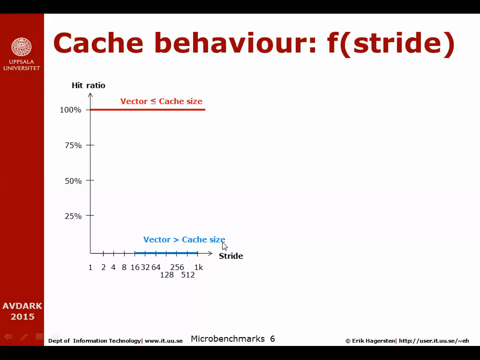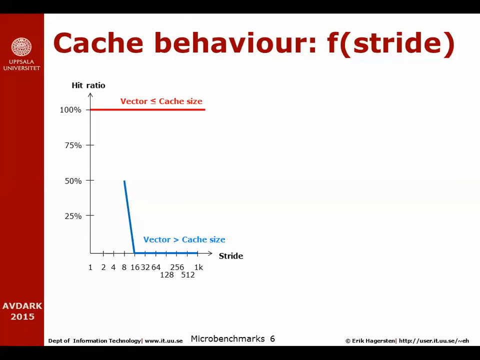And then suddenly what happens here: if we take a stride which is smaller than this magic number 16, then suddenly the hit ratio jumps up to 50% because every other access to a cache line is a miss and every other one is a hit.